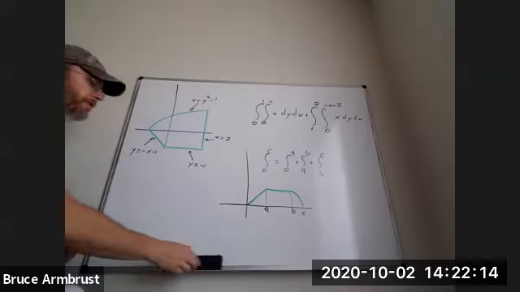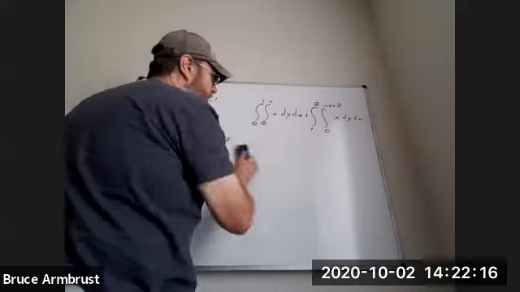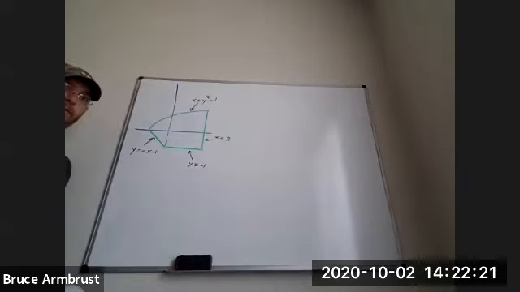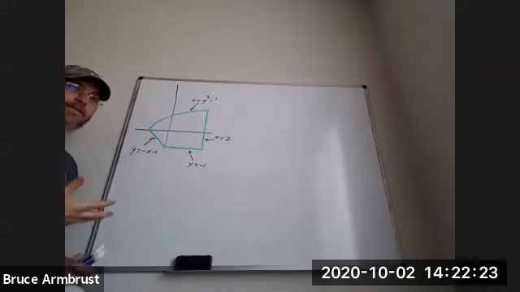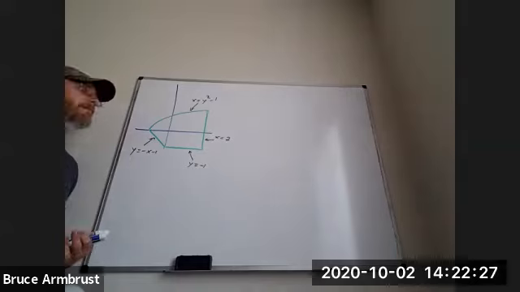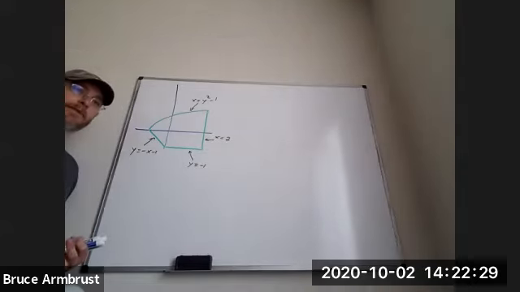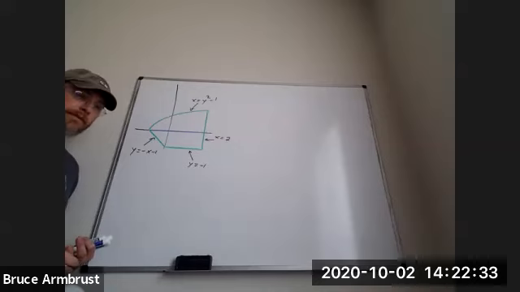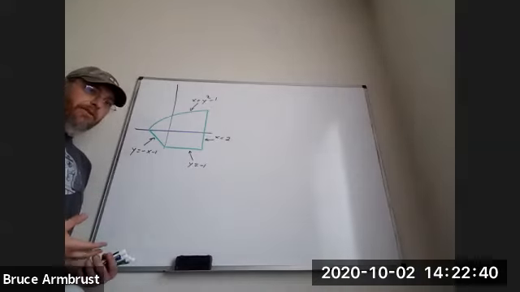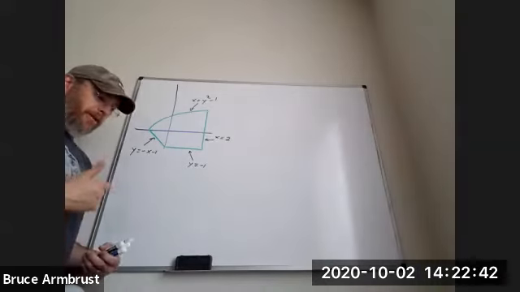Now what I want to do is just set up an integral, or integrals, however we want to do it, so that we're integrating a function. I'm not going to give you a specific function. We'll just call it f of xy. But let's think about trying to split this up in a nice way for integration. Now, as it is, if we just tried to do it in one, it's going to be a little tricky. Like think about integration man vertically.